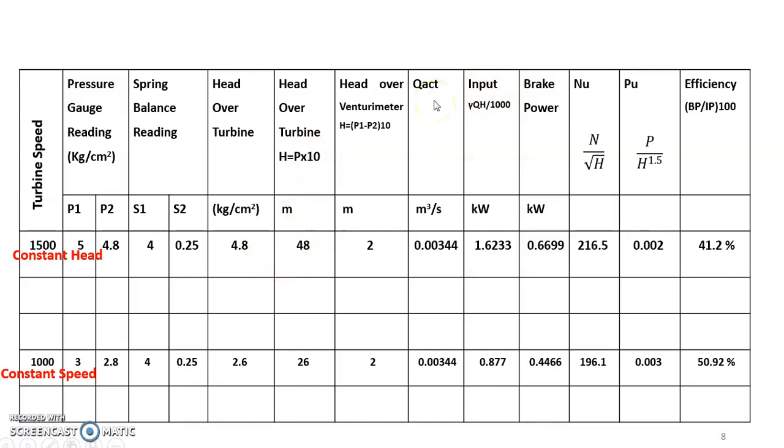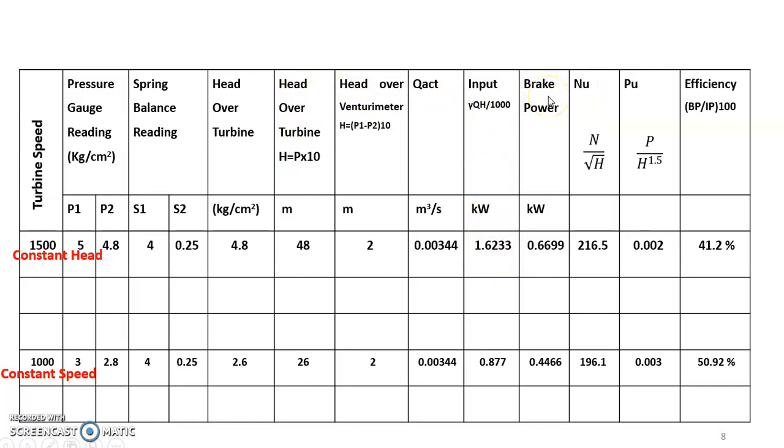Now Q actual is calculated by using the formula CD into A1 into A2 into square root of 2GH divided by square root of A1 square minus A2 square. So Q actual is found to be 0.00344. Input power is gamma into Q into H, where Q is Q actual and H is head over the turbine. So it's around 1.6 kilowatts.